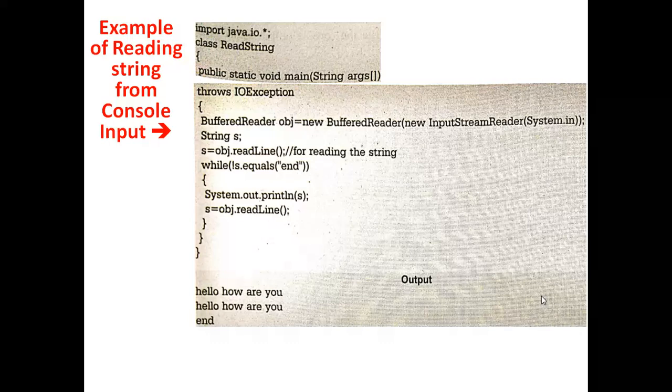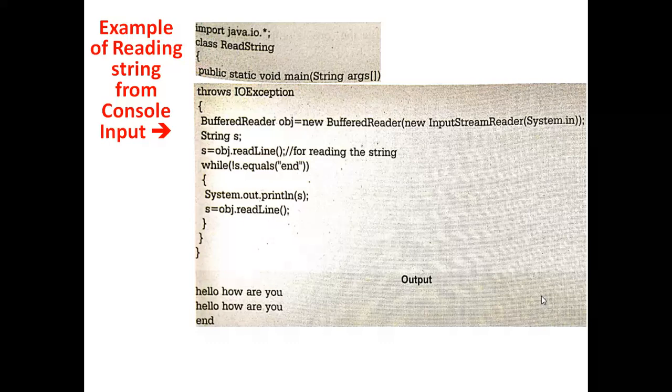Afterwards, I've written a while loop, which is used to read the lines from the console and to verify the ending of the lines which we are going to read. For that, we have used the while loop condition not s equals end, meaning s has not come to an end.